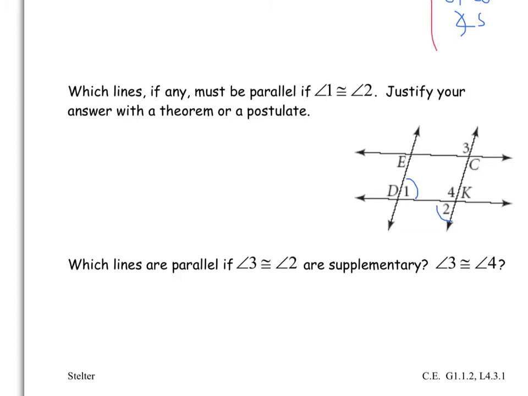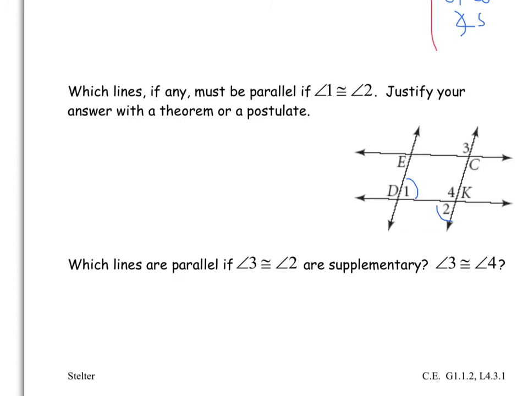So if 1 and 2 are congruent, and you might have to kind of turn me sideways a little bit so you can see your two parallel lines off on the top and bottom instead of the sides. But basically, I hope that you guys see that those are alternate interior angles.